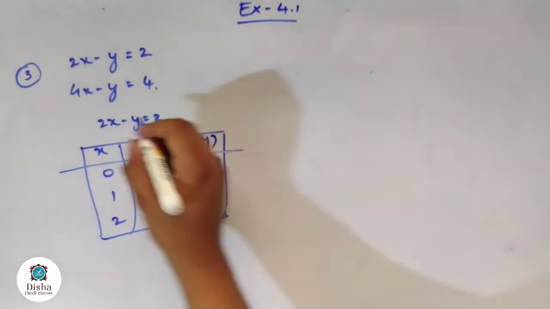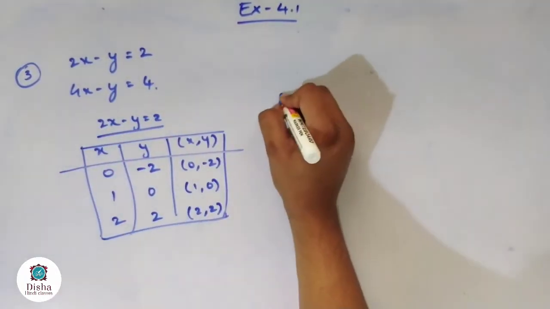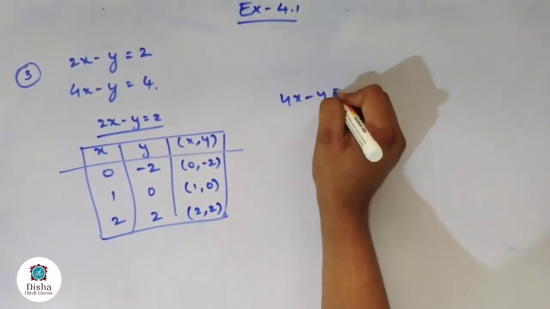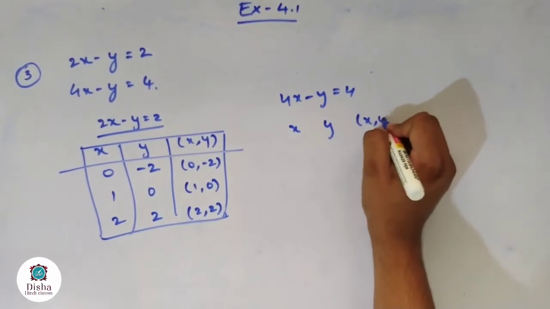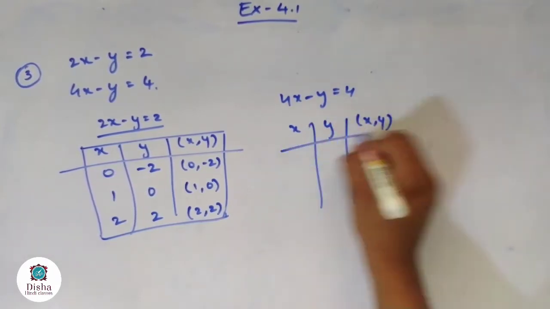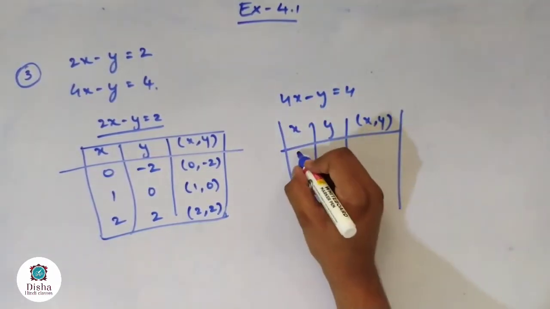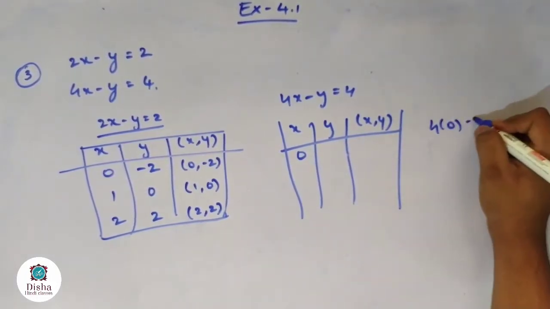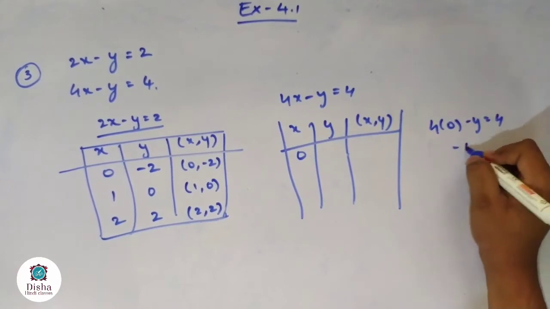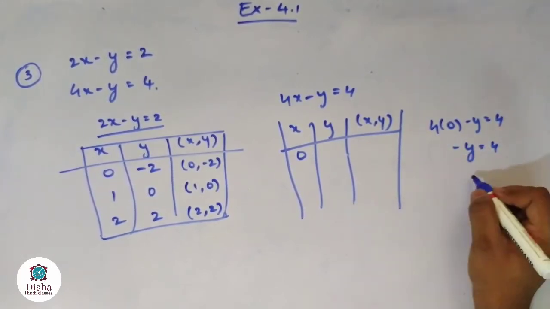So next equation we have 4x minus y equals 4. x, y, x comma y, right? So x equals 0. So 4 into 0 minus y equals 4. So minus y equals 4.